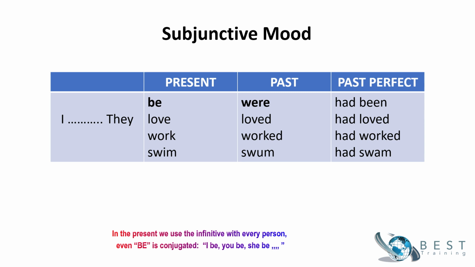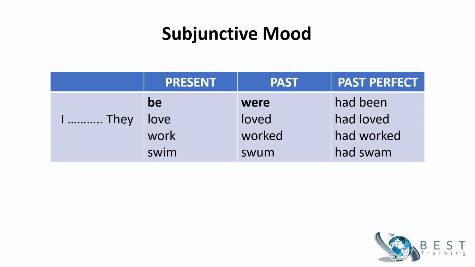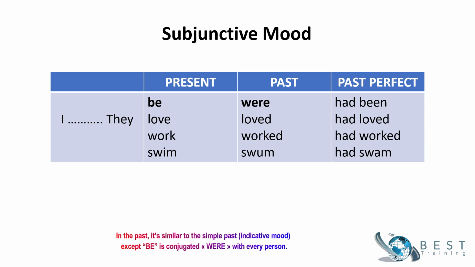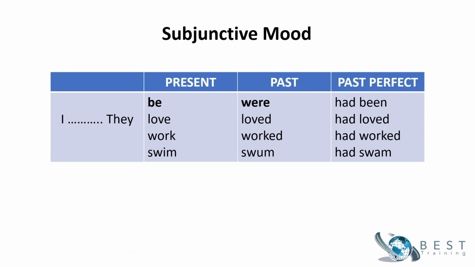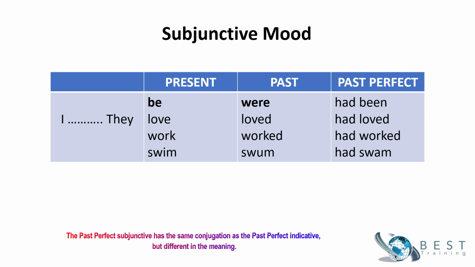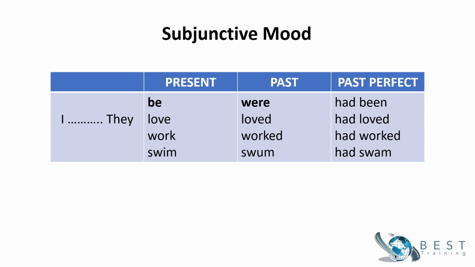Even be is conjugated, I be, you be, she be. In the past, it's similar to the simple past indicative mood, except be is conjugated were, with every person.